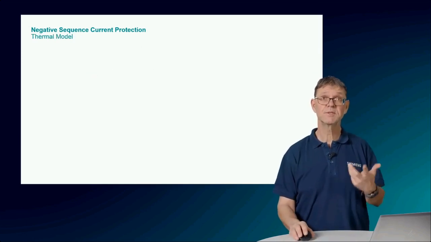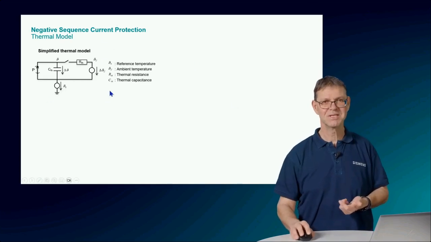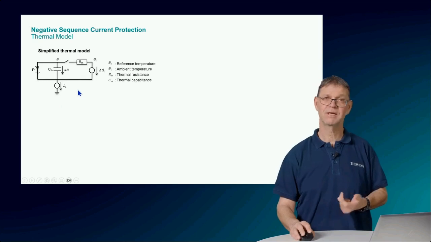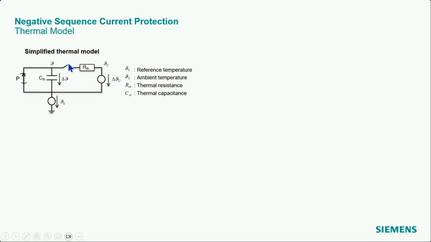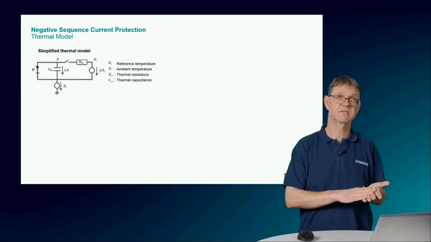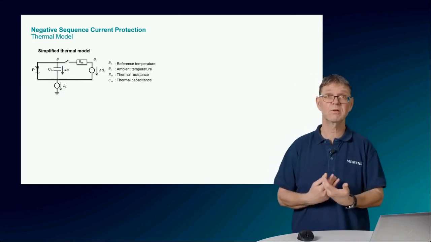Good, let's have a look on this thermal model. You recognize maybe it looks pretty much like the one for the starting time supervision. So we have here also a switch which is open. That means we do not permanently calculate this temperature. We just go if the negative sequence current exceeds a certain value, then we work with this thermal model here.